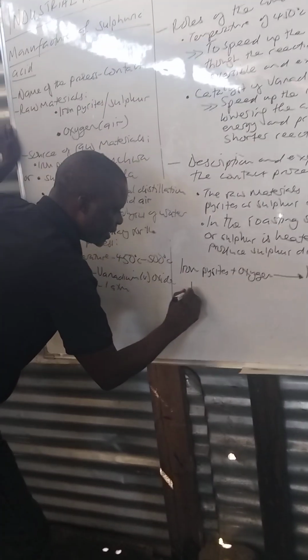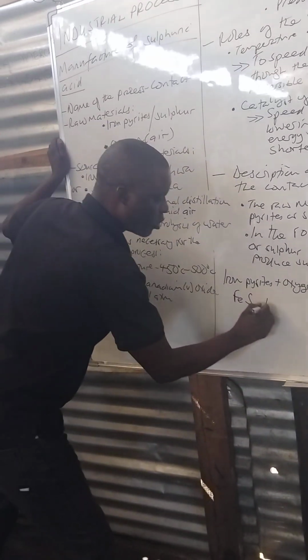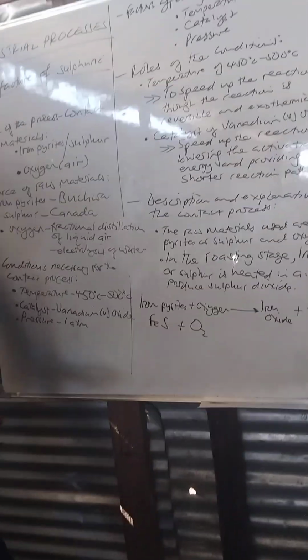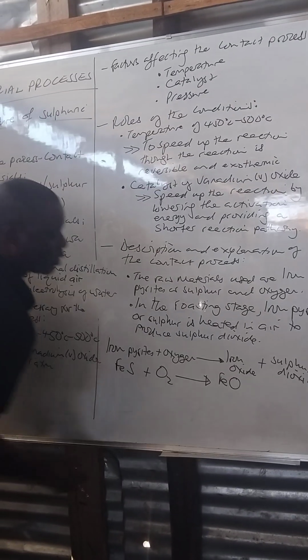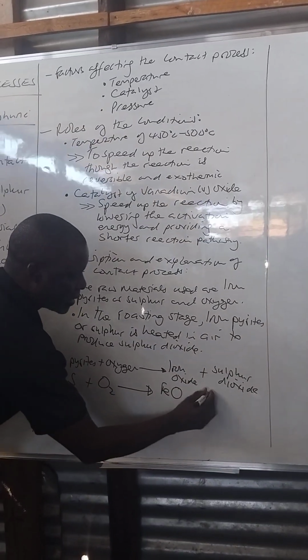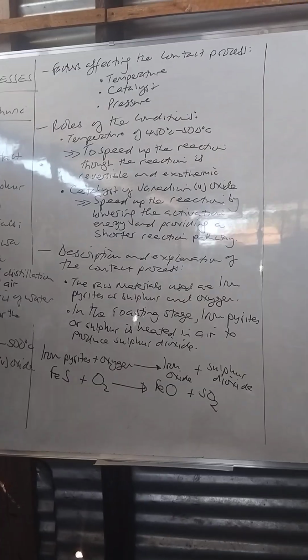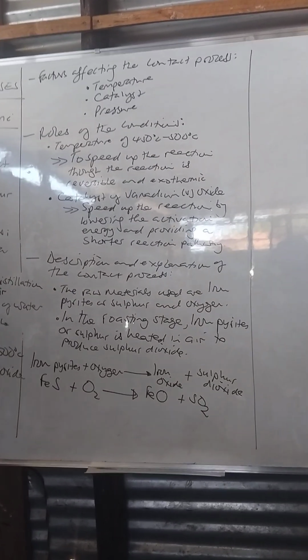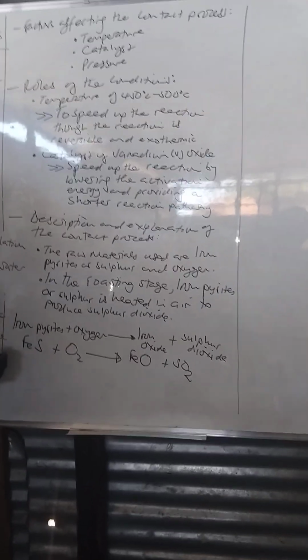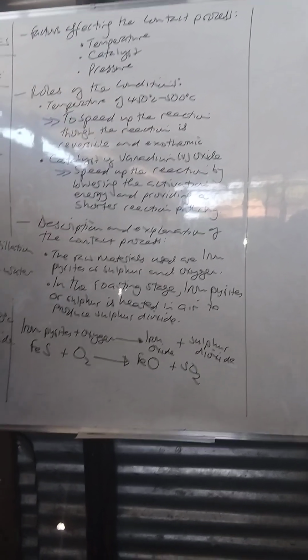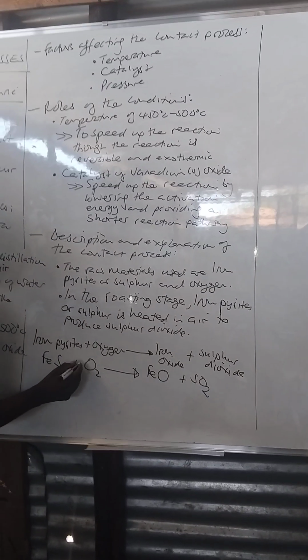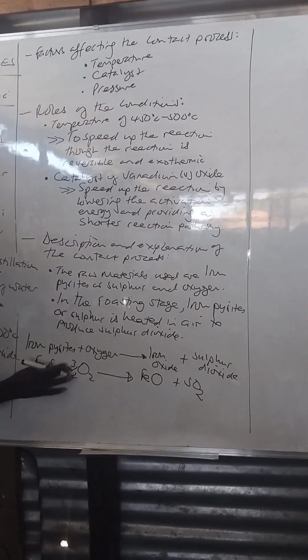The formula for iron pyrites is FeS2, plus oxygen O2, giving iron(III) oxide, Fe2O3, plus sulfur dioxide SO2. Then balance it.